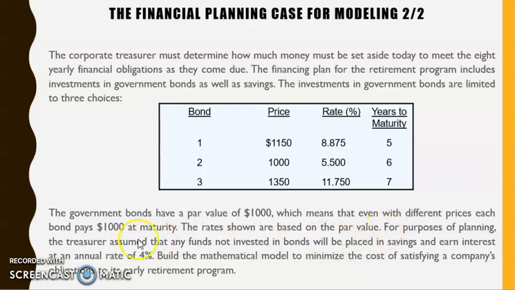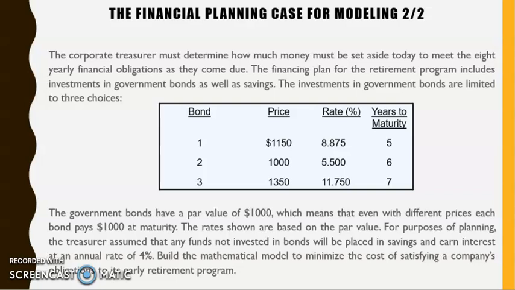For purposes of planning, the treasurer assumed that any funds not invested in bonds will be placed in savings, and the savings earn interest at an annual rate of 4%. Build the mathematical model to minimize the cost of satisfying the company's obligations to its early retirement plan. So, in fact, it is very similar to activity 1, but in a more sophisticated way.